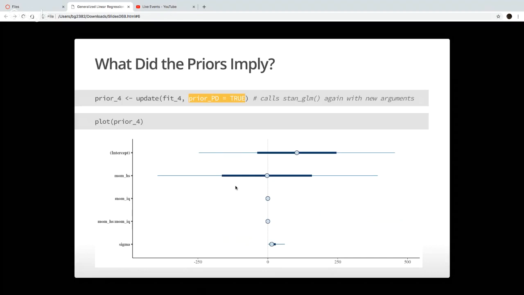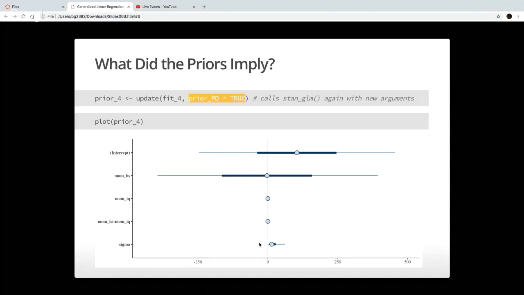But it's a whole lot better than doing an improper prior, which is to say all real numbers are equally plausible. By contrast, the ones for the mother's IQ and the interaction between mother's IQ and high school are much smaller. The 90% interval doesn't even make it outside the median dot here. So much smaller defaults there.